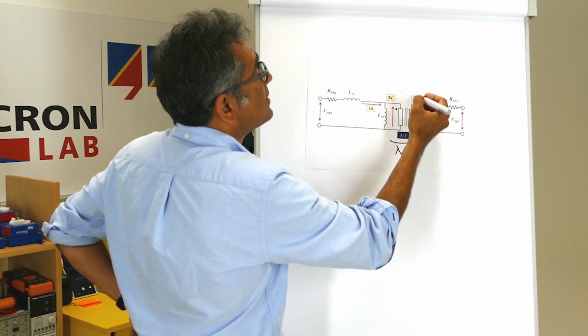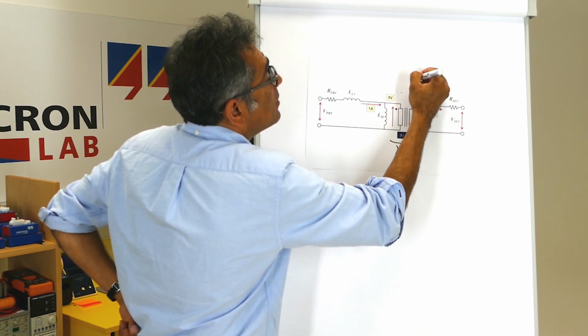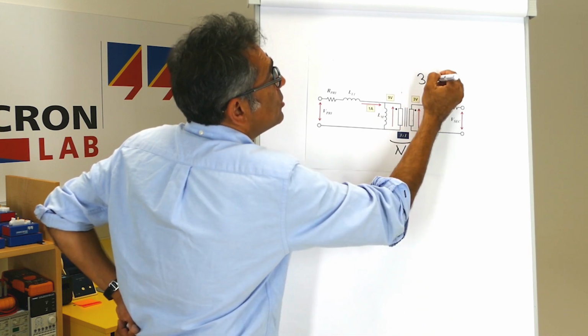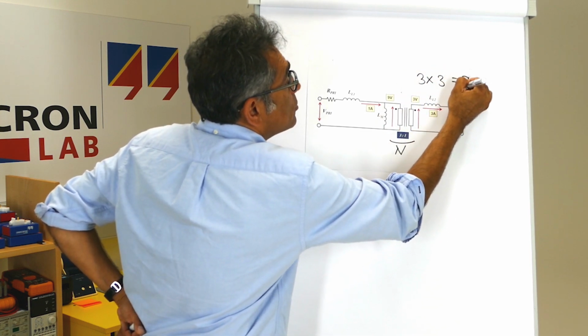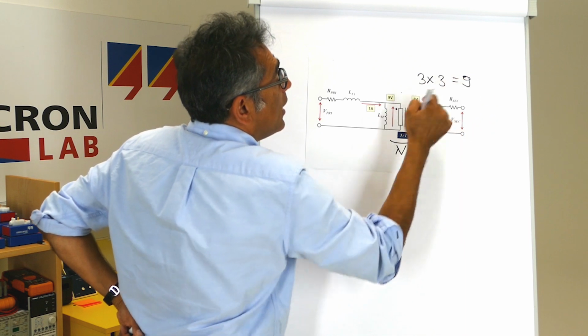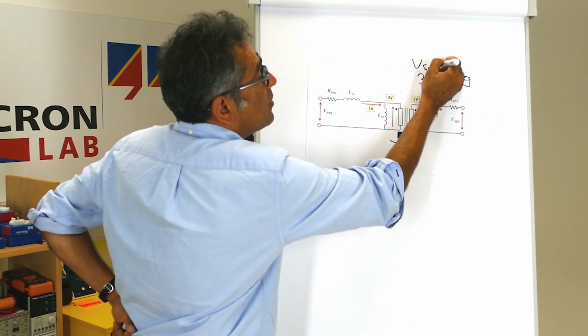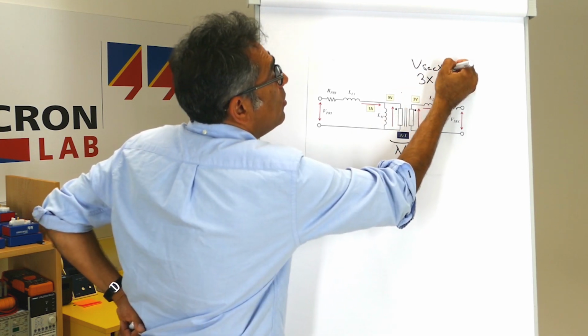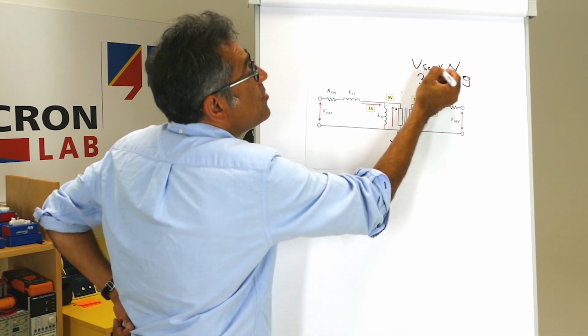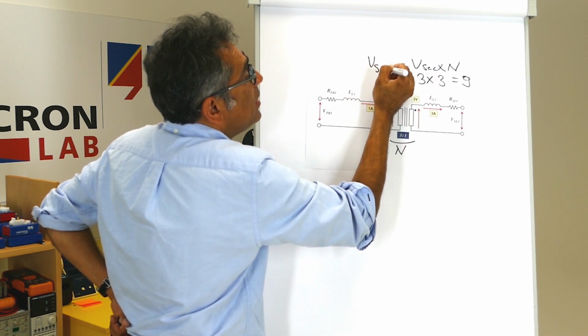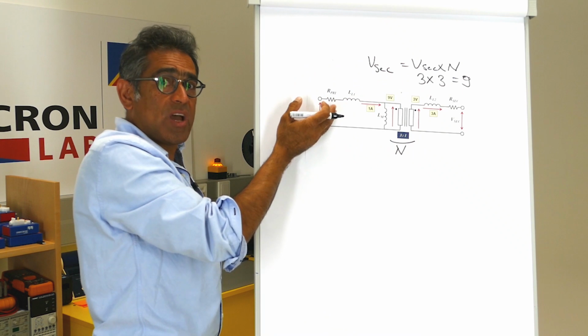So I can say that 3 volts times the turns ratio, 3, is equal to 9. This is called the secondary voltage. This one is called the turns ratio. Now, this becomes the secondary referred to primary.